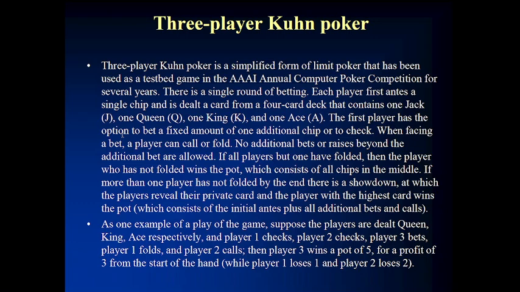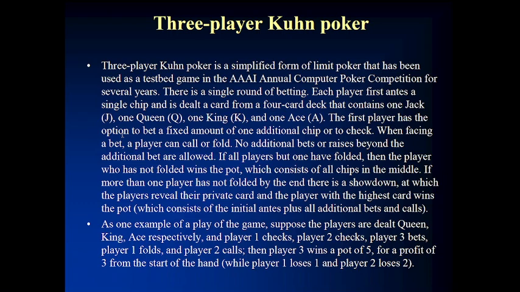The first player has the option to bet one chip. Each player antes one, so there are 3 in the middle. The player can bet 1 or can check, which means to pass to the next player. Players are not allowed to raise, so if there's a bet, they can either call or fold. If someone bets and the other players fold, then the player who made the bet wins the whole pot.